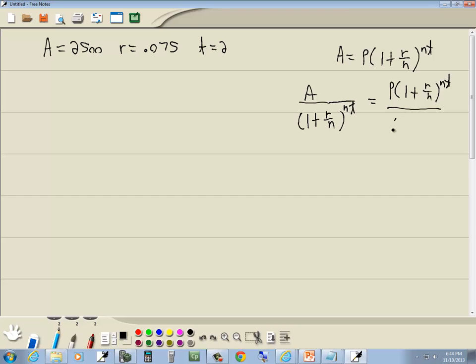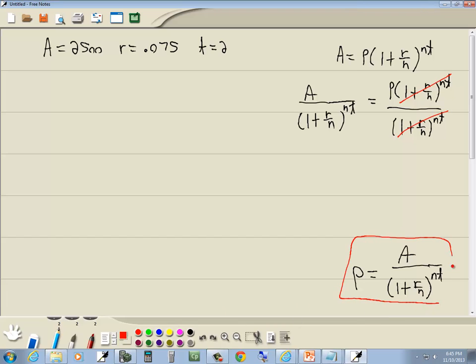So when we do that, what we find is that 1 plus R over N to the NT powers cancel. And we got P is equal to A over 1 plus R over N to the NT power. That's the formula we'll be using for the first 4 parts here.